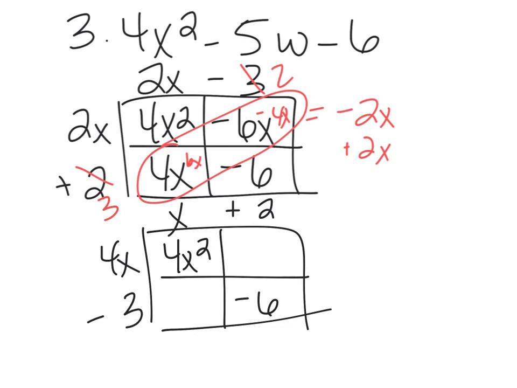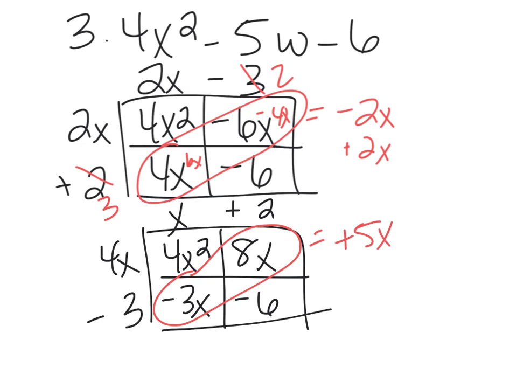So 4x times 2 is 8x, and negative 3 times x is negative 3x. And that gives me positive 5x. Okay, so if I change these signs around, I think it will work. If this is negative and this is positive, that's going to give me negative 8 and positive 3, which will give me negative 5x, which is what I need. So there you go.